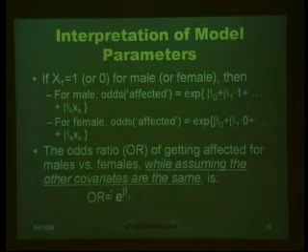How to interpret this? This is the odds ratio of getting affected between male and female, but just add one piece of sentence here: while assuming the other covariates are the same. So if you want to compare male and female, supposing all the other risk factors are the same, then e to the beta is the odds ratio.